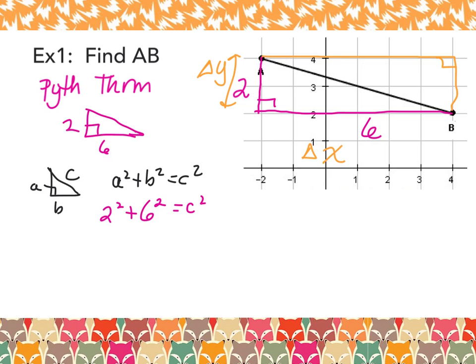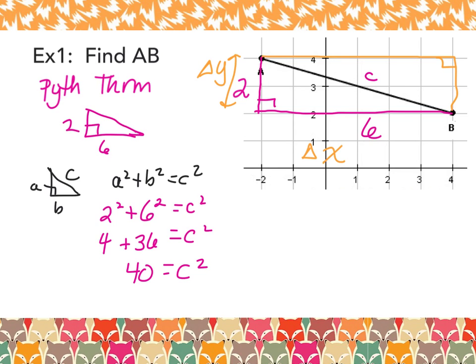I'm just going to use C still for this length. 2 squared, 2 times 2 is 4. 6 squared, 6 times 6 is 36. That's going to give us C squared. Now we add 4 and 36, so that's going to give us 40. Oops, that kind of looked like a 90. 40 is the value of C squared.